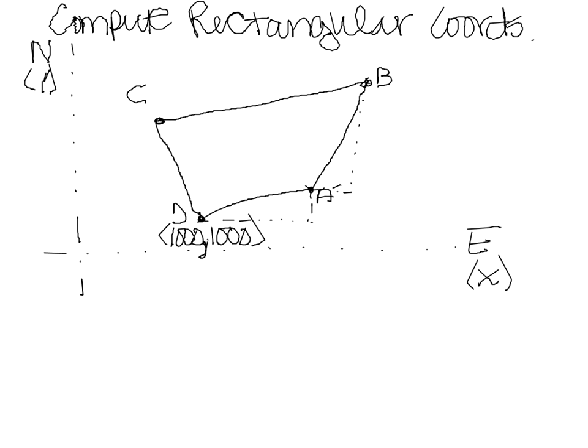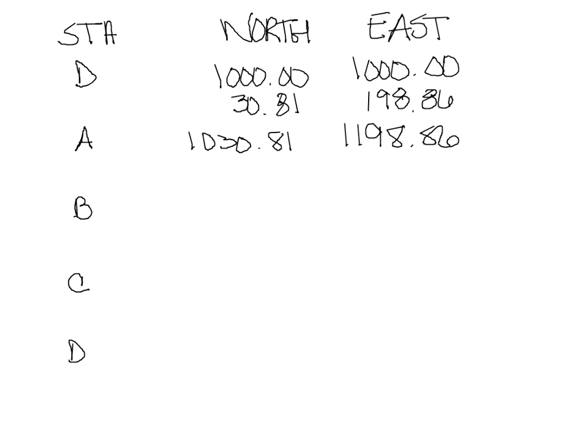Now we go from A to B. So again, we're heading in the positive direction for our easting and our northing. How far over do we go?